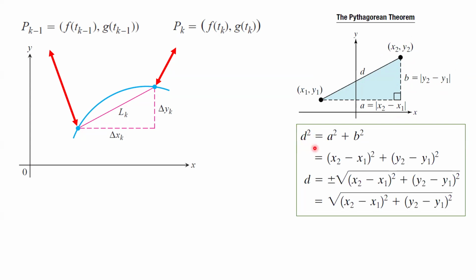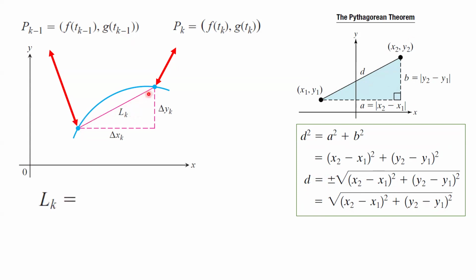Now, d squared, which is equal to a squared plus b squared, can be written as x2 minus x1 to the second power plus y2 minus y1 to the second power. So d, which is the square root of the quantity on the right-hand side, is the positive square root because d as the distance cannot be negative. It is the square root of x2 minus x1 to the second plus y2 minus y1 to the second power. So we are following the Pythagorean theorem for a right triangle.